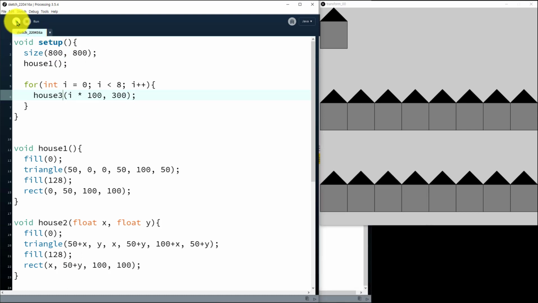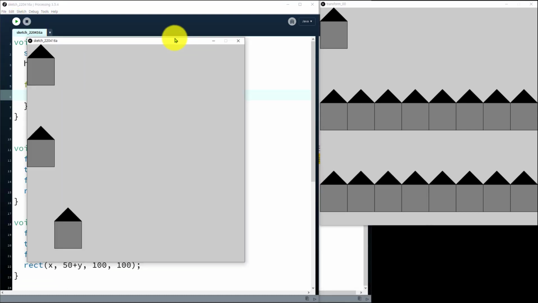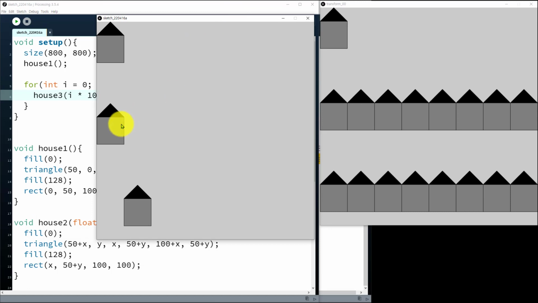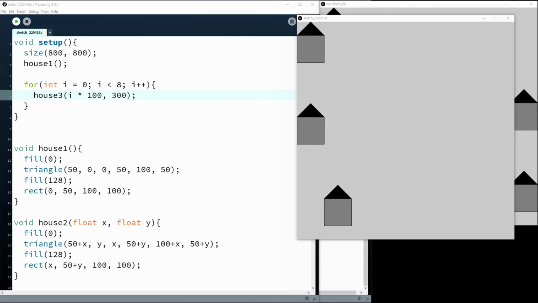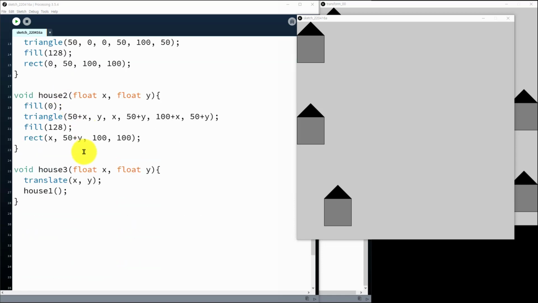Let's see what happened. Oh, that's a little weird, but we have two different houses. Let's see. We are now calling house3, right?